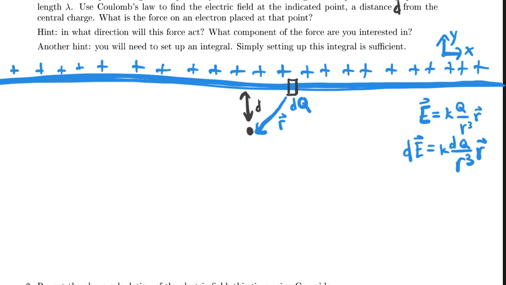And then if we want to find the electric field, all we have to do is do that integral right there. So let me write this as an integral. I'm going to bring it over here to the left-hand side. So the integral of dE is equal to the integral of k, and we have our r vector.